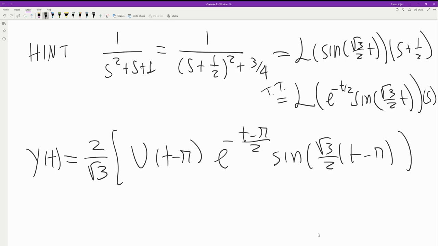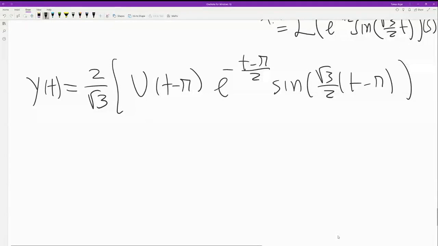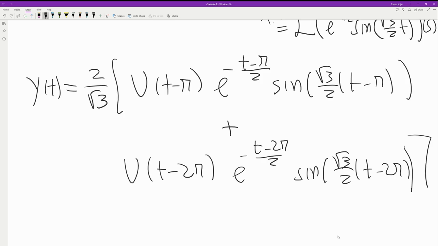Okay, that's one term. And then the second term is u(t minus 2 pi). So everything is with 2 pi, exactly the same. Okay, so that's the final answer. And they're both transient, so they go to 0.